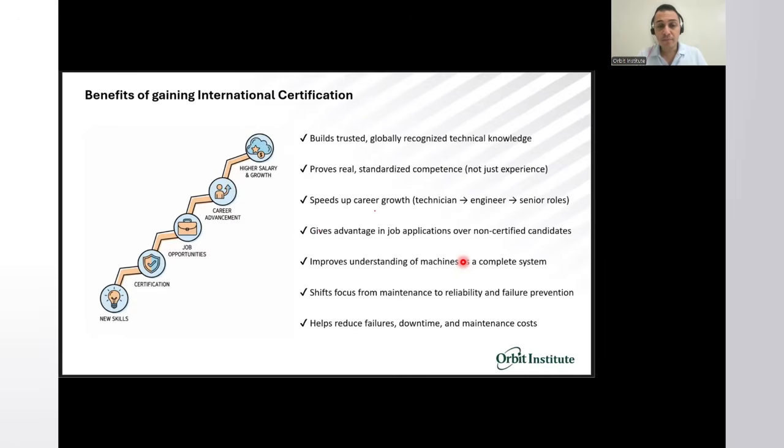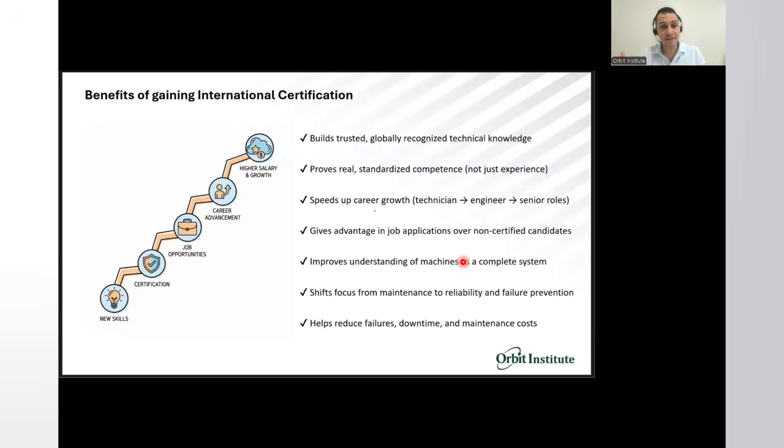I always say to all of them that internationally recognized certifications are very important. From my point of view, being prepared and certified with no opportunity is much better than having an opportunity without being prepared for it.